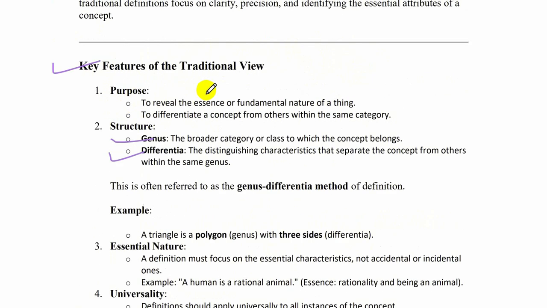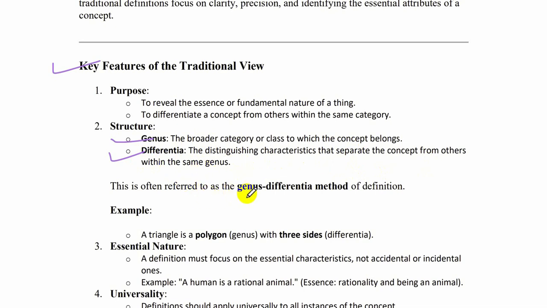The traditional view of definition was that it should be structured or divided into two parts, genus and differentia: the broader category or class to which the concept belongs, and the distinguishing characteristics that separate the concept from others within the same genus.